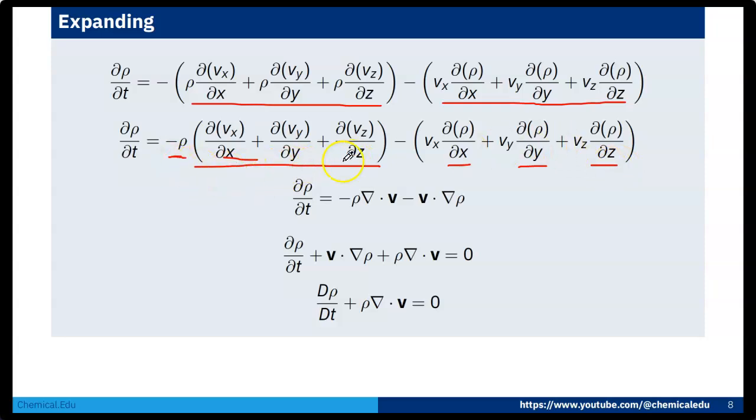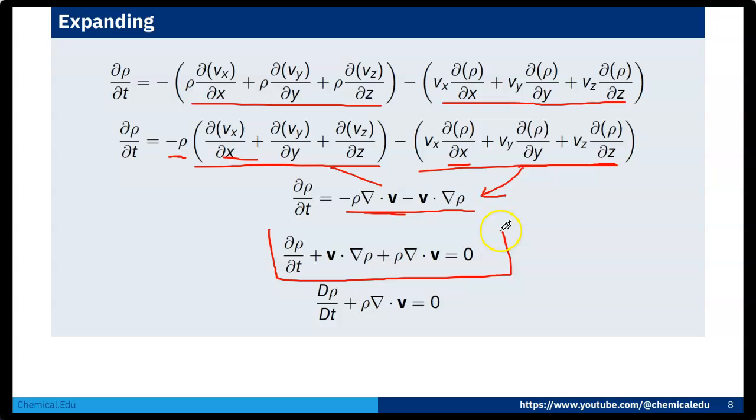If we write this in vectorial notation, that will be rho into divergence of v, and this other part in vector notation will be v dot gradient of rho. Now if we take all together on the left hand side, we get this equation, which is actually the 3D continuity equation.